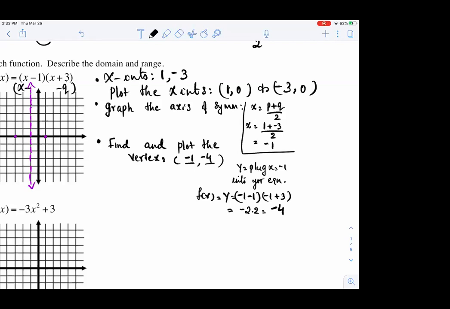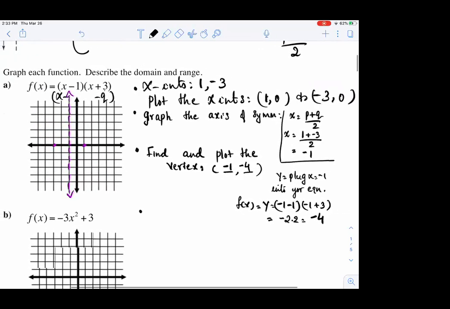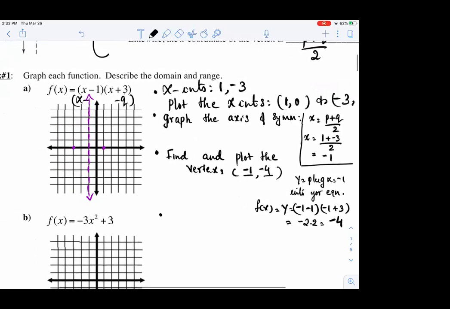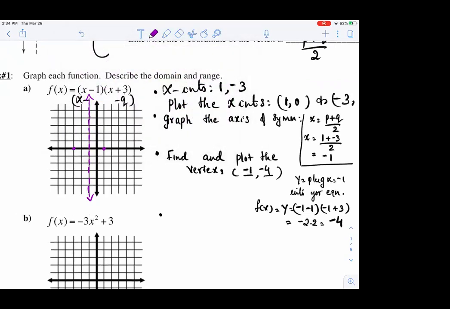No problem. So the vertex is (-1, -4). Now, last bullet point. Let's plot this. We found the vertex, now we are going to plot the vertex (-1, -4). 1, 2, 3, 4.